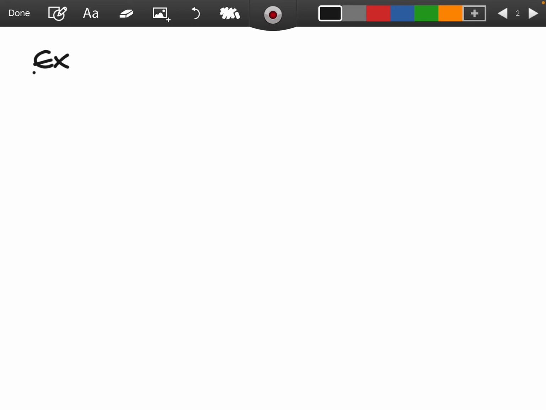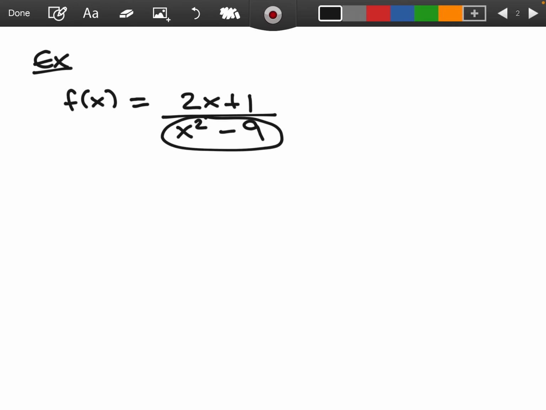So let's say we had f of x is equal to 2x plus 1 over x squared minus 9. What's our domain of this? Well, it's all real numbers, but we've got to take out any value x for which our denominator, x squared minus 9, equals 0. So if we set our denominator equal to 0 and solve, you may have to do some simple factoring.